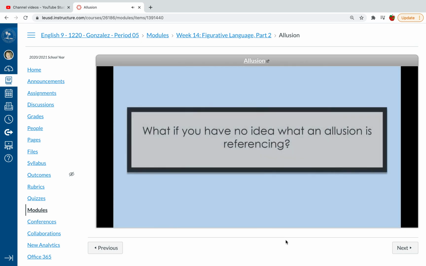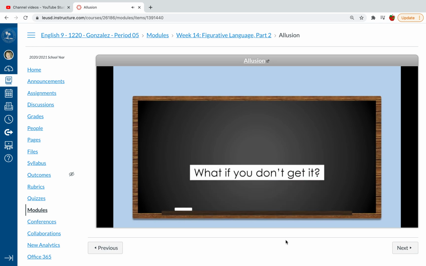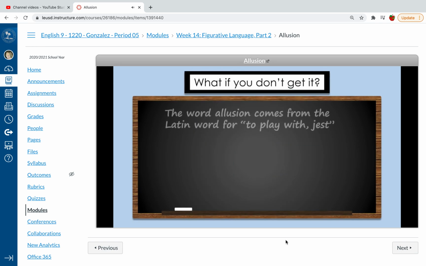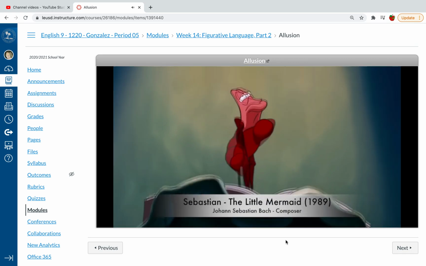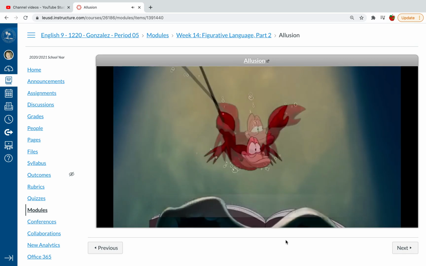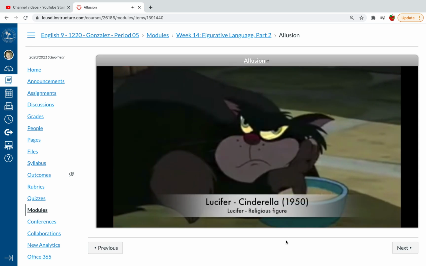So, what if you don't know anything about French history? What if you have no idea what an allusion is referencing? What if you just don't get it? Well, the word allusion comes from the Latin word for to play with or jest. Think of allusion as an inside joke. If you understand, great. If you don't, it's not a big deal. Disney movies are full of allusions that went over your head as a kid.